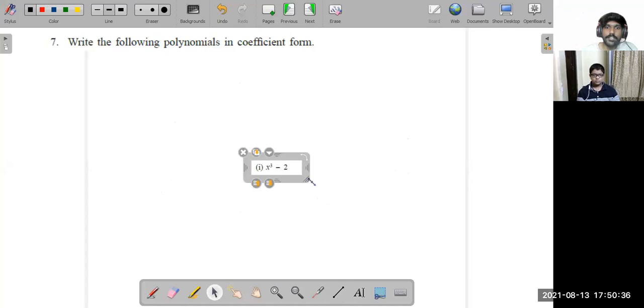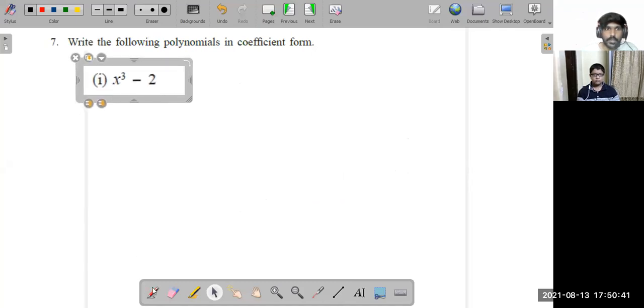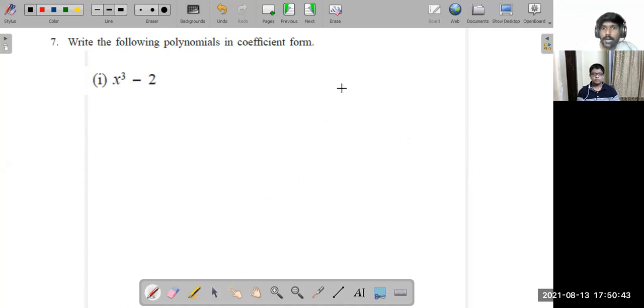The first one is x cube minus 2. So that means you will have powers 3, 2, 1, and 0. Okay, these are not coefficients, these are powers. Can you tell me what will be the coefficient form of this?